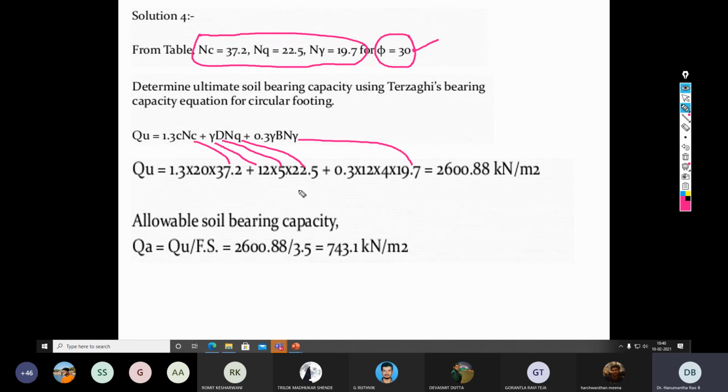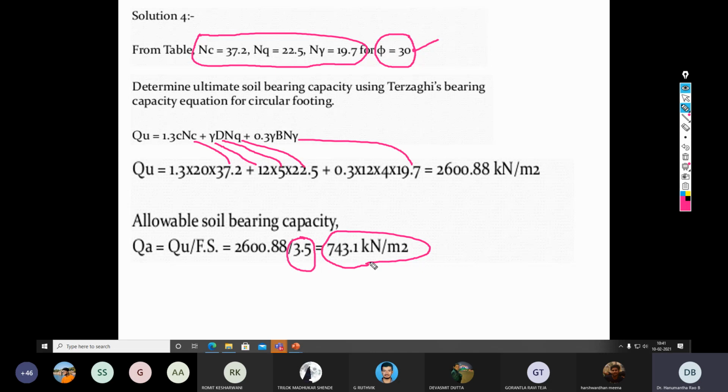If you calculate everything, the ultimate bearing capacity is 2600 kilonewton per square meter. Since a factor of safety of 3.5 needs to be imposed, 2600 by 3.5, we can allow the soil bearing capacity up to 743 kilopascals.